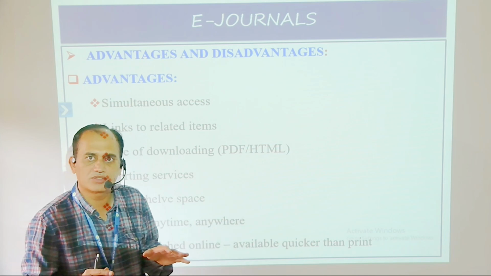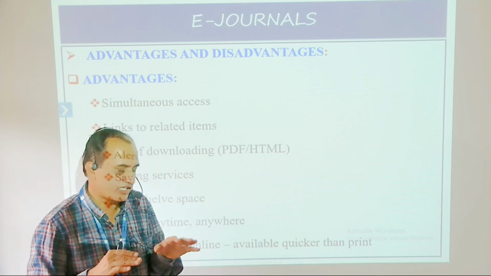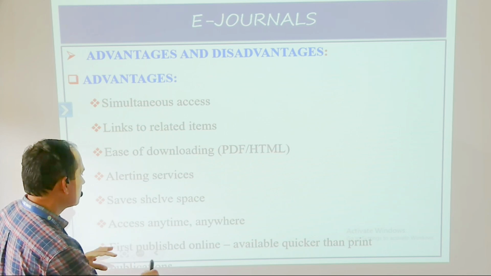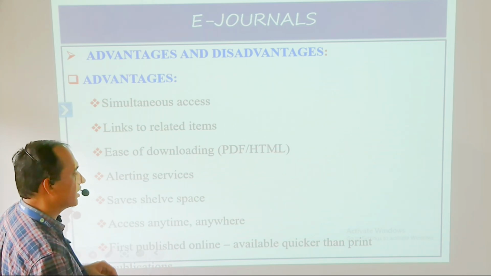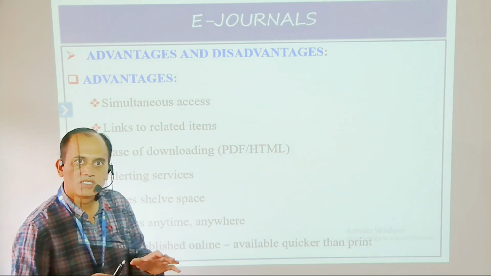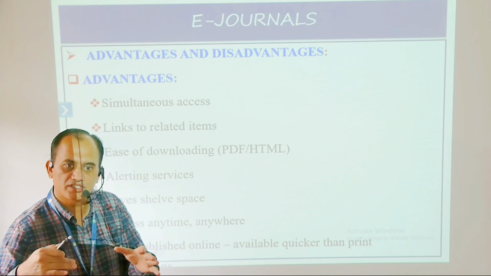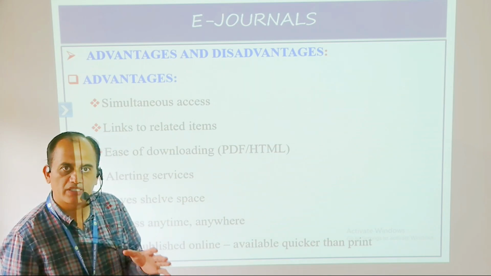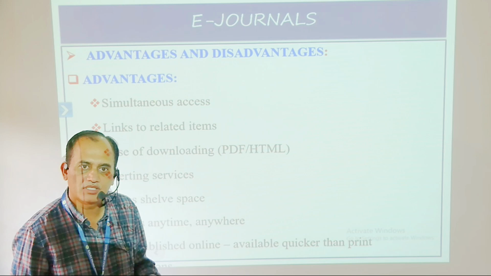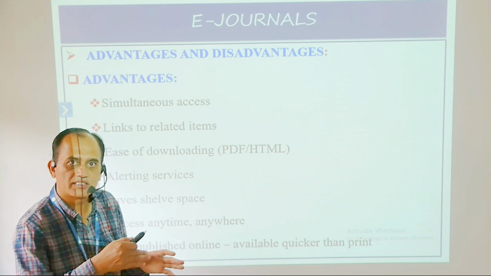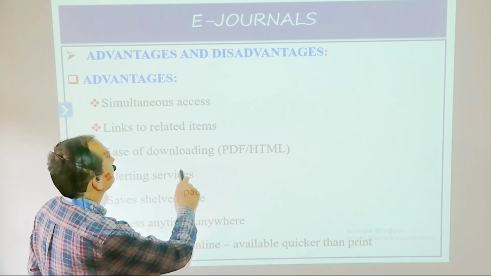Just go ahead with your mobile or desktop and search for the research article. First published online, available quicker than print. Print takes some time, and reaching the readers also takes time. But if it is digitally available within a second, the readers can have that facility.